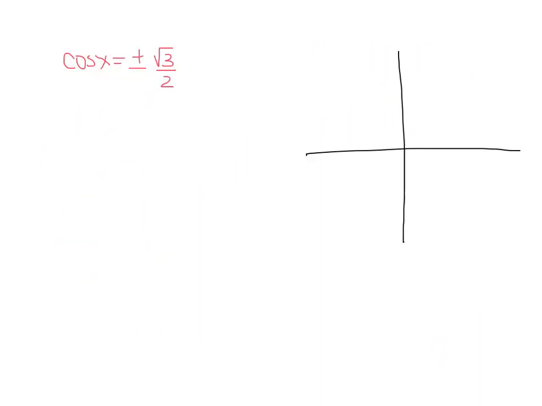So looking at the unit circle, let's just look at quadrant 1 first. Here's what we have. We have square root of 3 over 2, 1/2. We have square root of 2 over 2, square root of 2 over 2. And then we have 1/2, square root of 3 over 2.